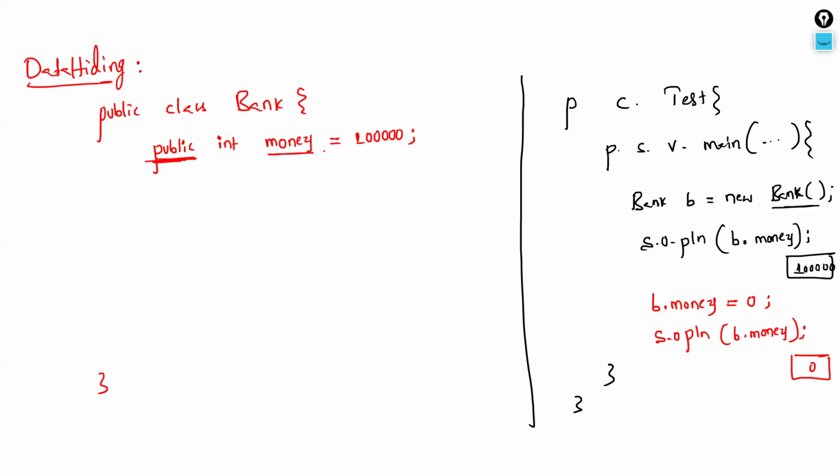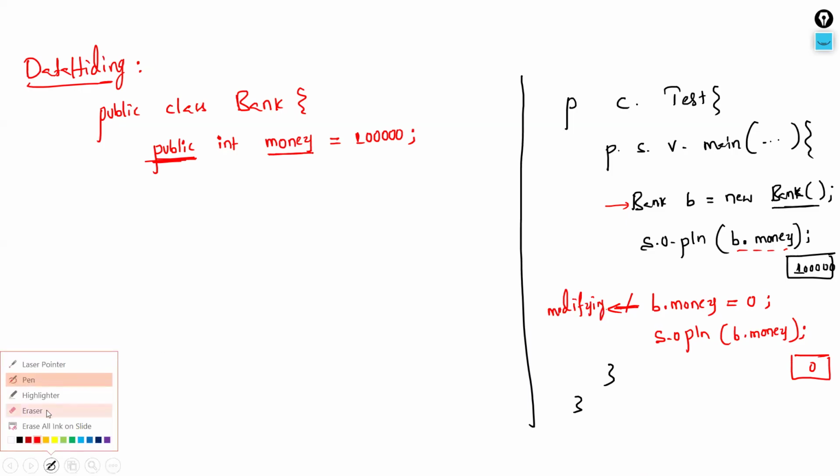Everybody can create the object once we know the class name, then access it and also modify it. This is called modifying the value. When somebody modifies your account balance to 0, will you accept? No. So the same problem here: there is no hiding, there is no security for this money variable.